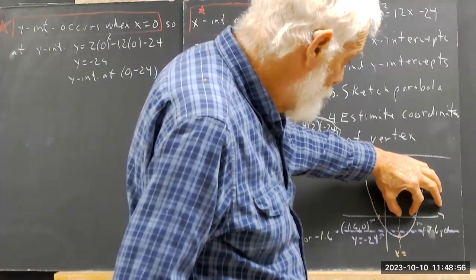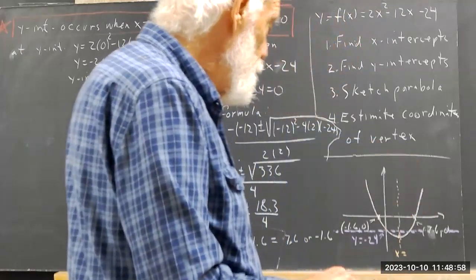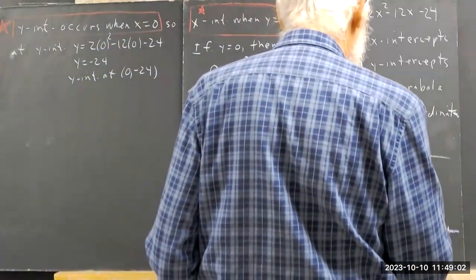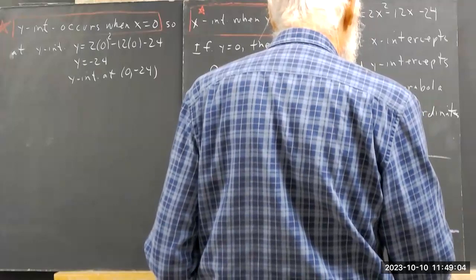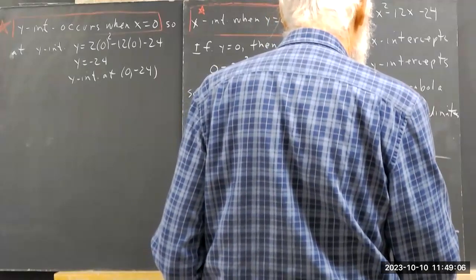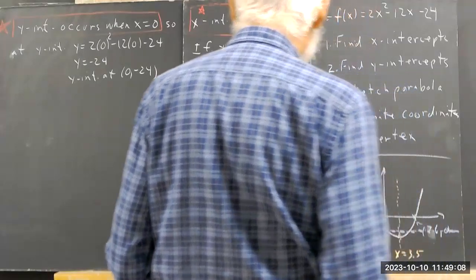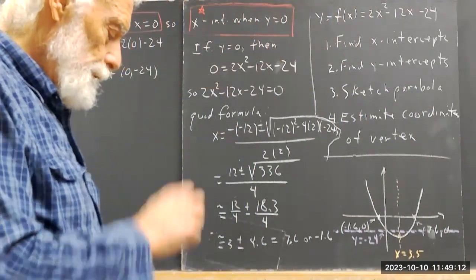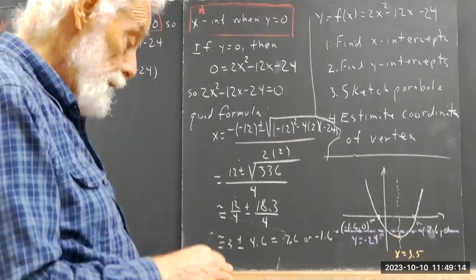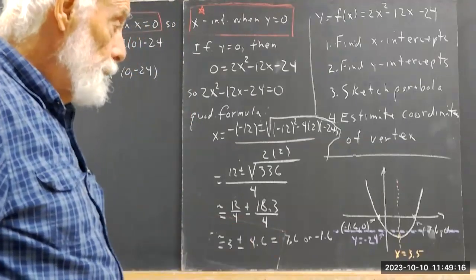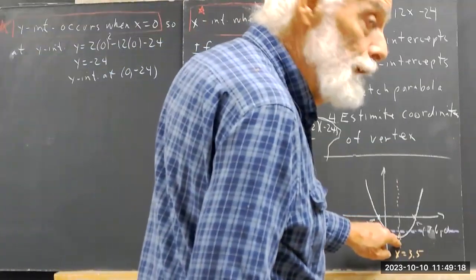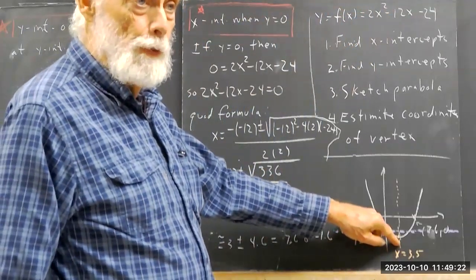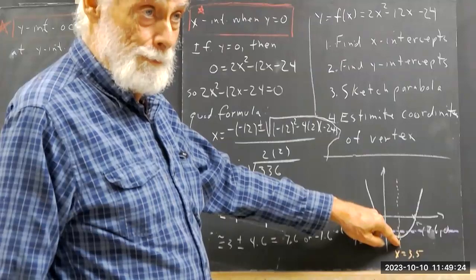Let's see, is it really halfway? It's a little less than halfway. So half of 7.6 would be 3.8. I'm going to say x equals 3.5. Now it's not going to be accurate, and we've actually calculated it, but we haven't recognized it yet. But x equals 3.5 is the x coordinate of the vertex as I estimate it from my hand sketch drawing.